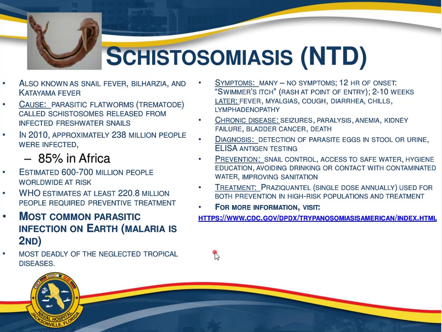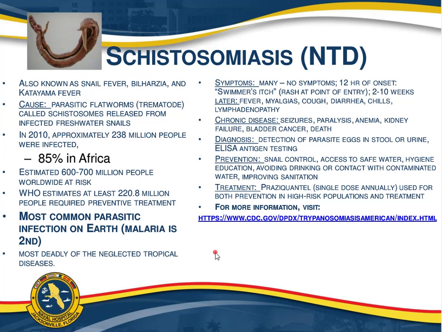So most people who get this have no symptoms, which are the diseases that I hate, because if you have no symptoms, how am I supposed to diagnose it? But within 12 hours of onset, you can get a swimmer's itch, a rash at the point of entry. Later symptoms are fevers, myalgias, cough, diarrhea, chills, lymphadenopathy.